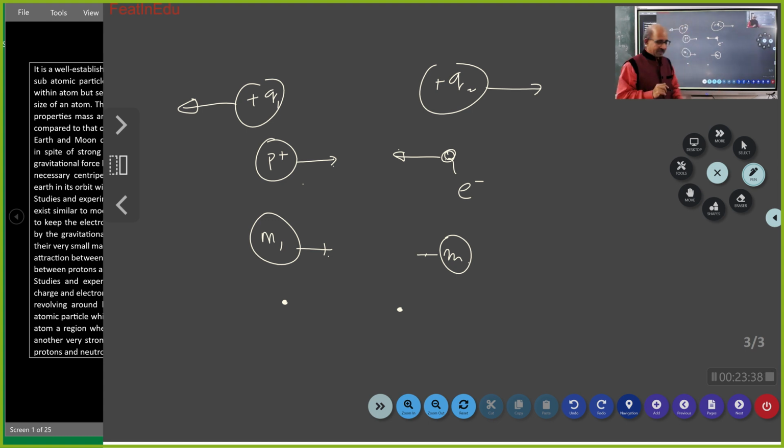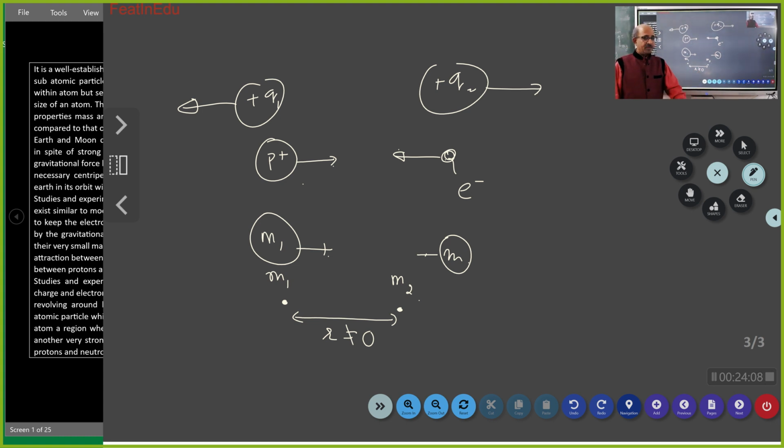Universal law of gravitation, what does it say? Consider 2 point masses. When we talk about gravitational force in general, we don't say point mass; any two bodies will have a force of attraction. But when defining the universal law of gravitation, consider 2 point masses M1 and M2 separated by a finite distance r, not equal to 0. This is the condition.